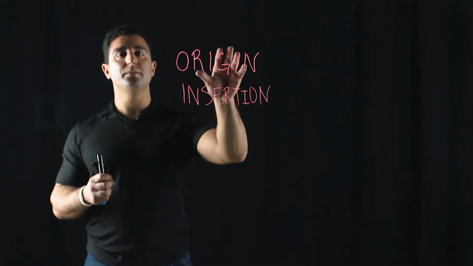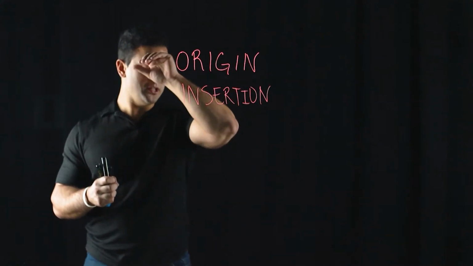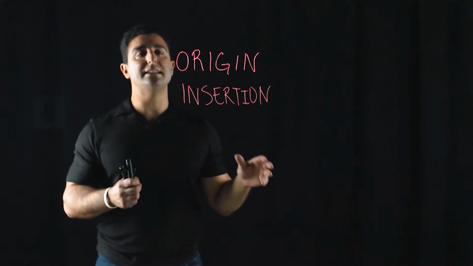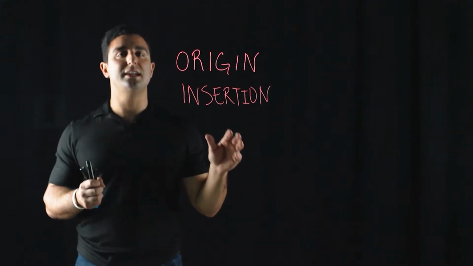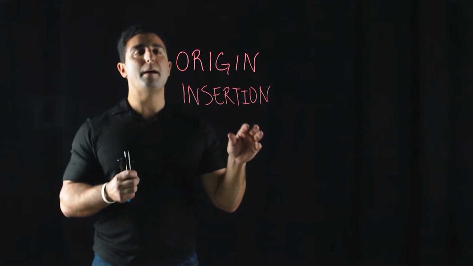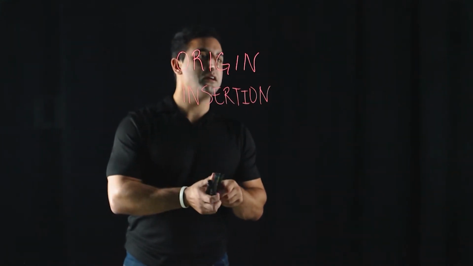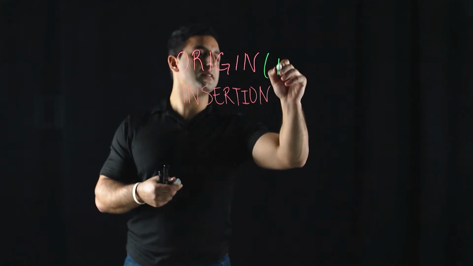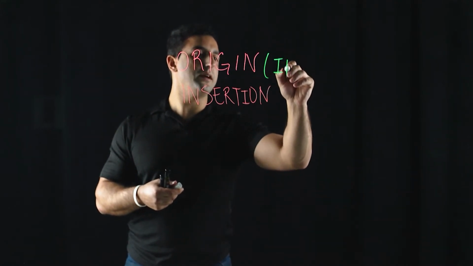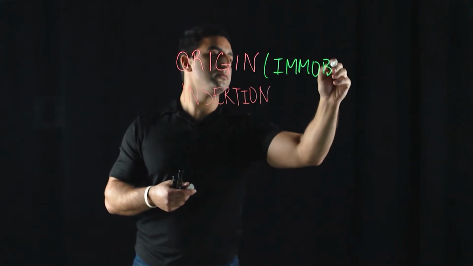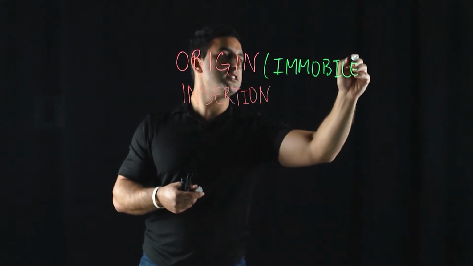The origin region is the region where the bone stays intact, as in when the muscle contraction or relaxation takes place, that bone is immobile. So let's write that here: immobile, does not move.